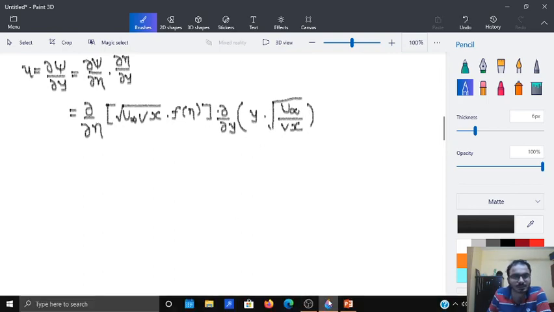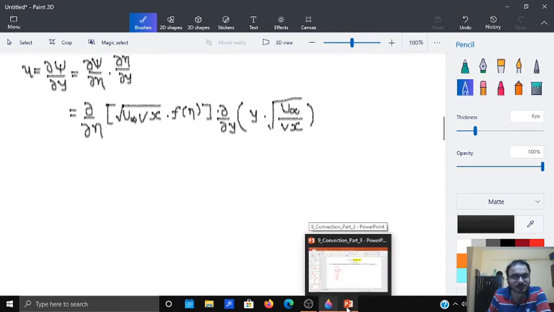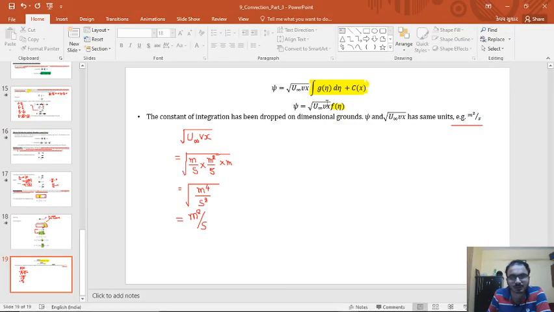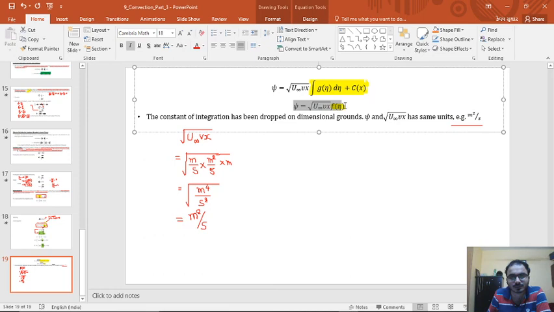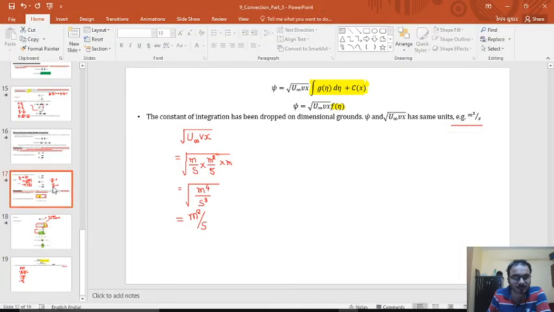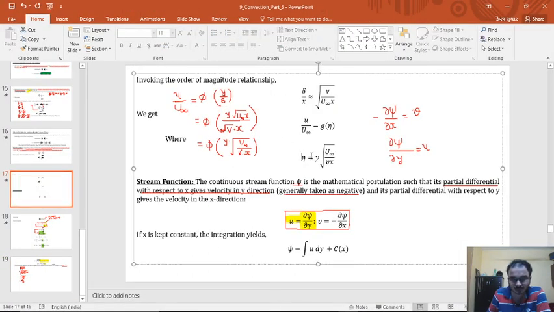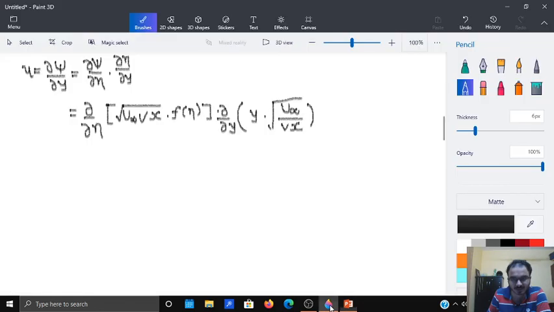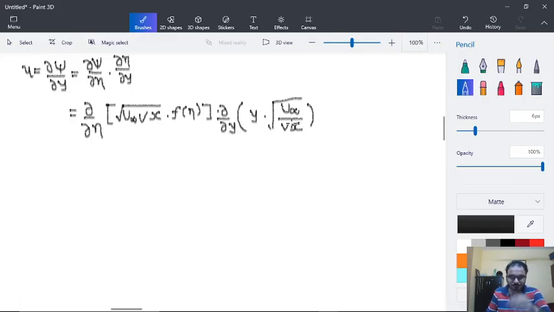As you can see, all these formulas are already derived. Here this is the equation of stream function which is derived, and it is written over here, and the previous equation for eta which was derived, the same thing is written over here. So these things are straightforward.